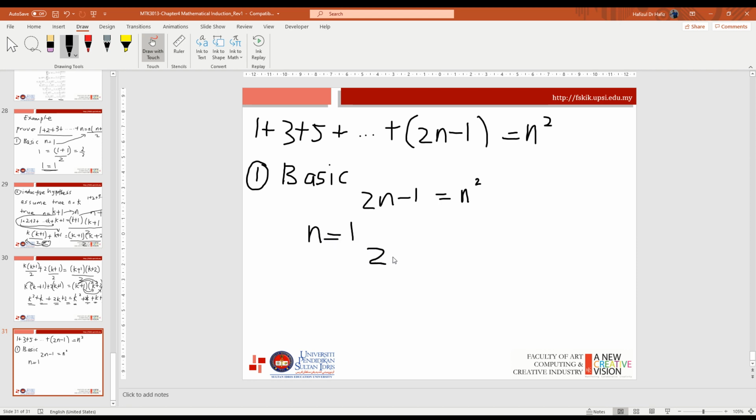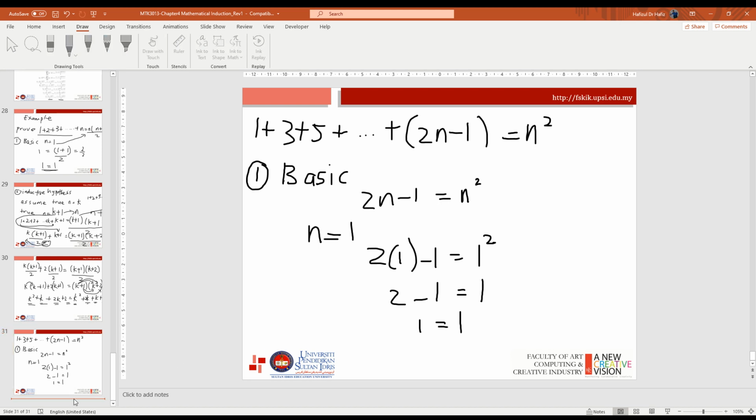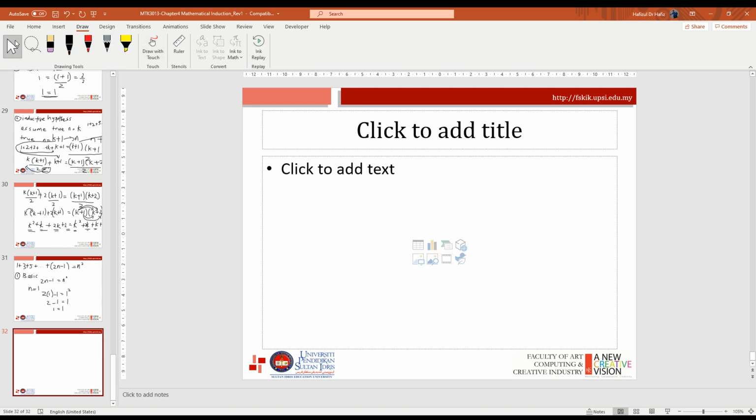Okay, and then 2, 1. Boleh ikut ke? Dalam button boleh ke? Okay, this one for basic. Kalau tak faham nanti saya bagi lagi contoh, biar kamu faham lah.